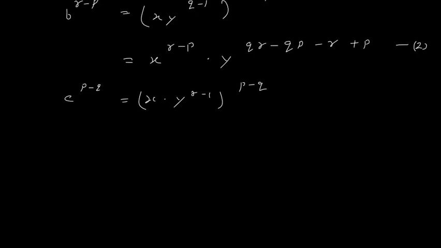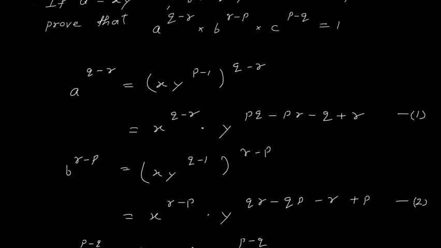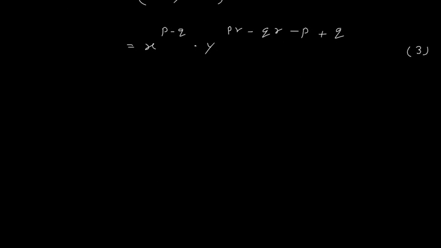So this will become x power p minus q into y power, this is pr minus qr minus p plus q. This is third equation. Now we multiply equations 1, 2 and 3 because here we have to prove that A power q minus r into B power r minus p into C power p minus q is equal to 1.